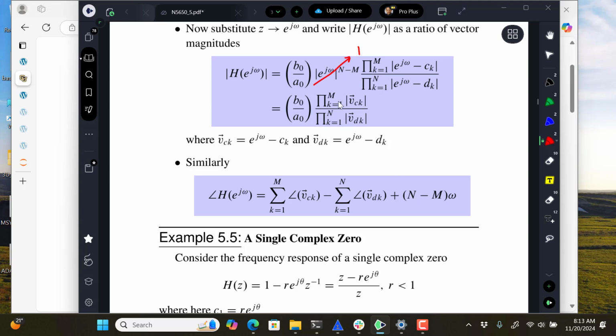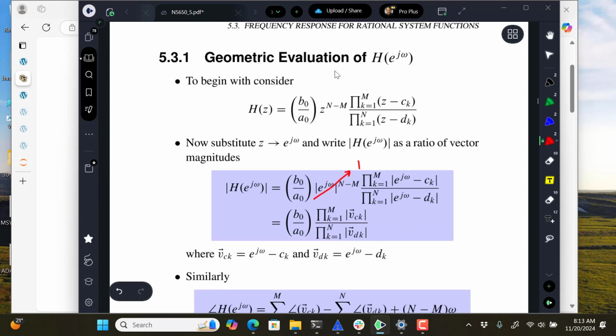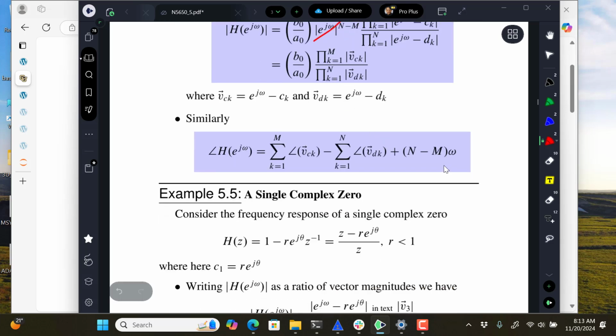And then from this first term out here, z to the n minus m, with that substitution, that's just a linear phase term. So this is a linear phase term only. It gets contributed if n does not equal m. That's just a phase ramp that would either go up or down, and then the individual contributions.